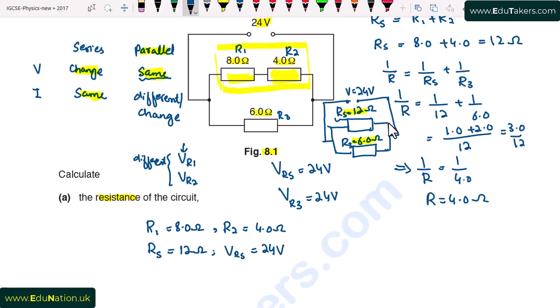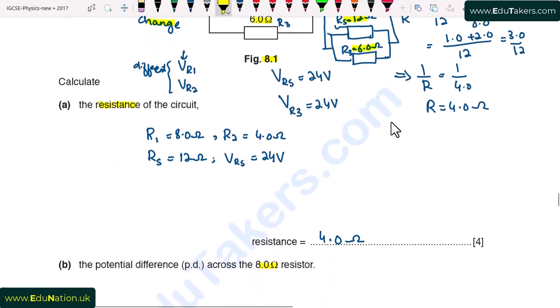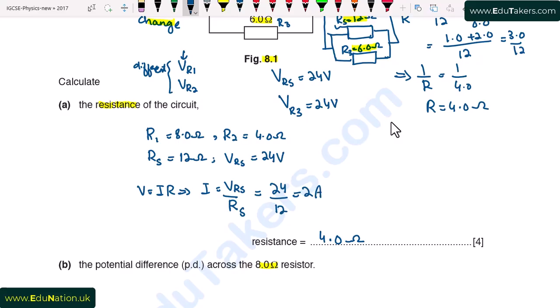Now first of all I find out the current, because you can see that in the parallel combination current is different. So I write here by using Ohm's law, V is equal to IR and I is equal to V over R. This V is basically across the series combination and it is also the resistance of series combination. So it will be 24 over 12, which is 2 ampere.